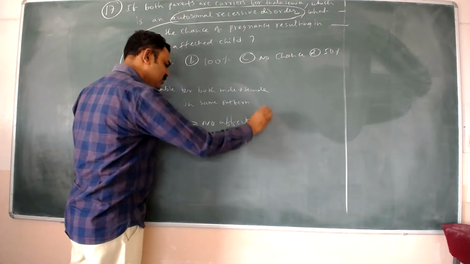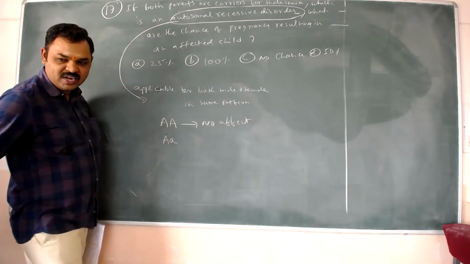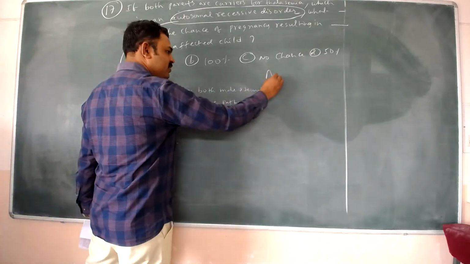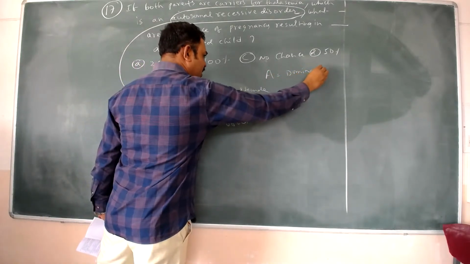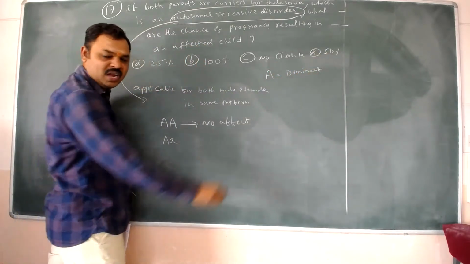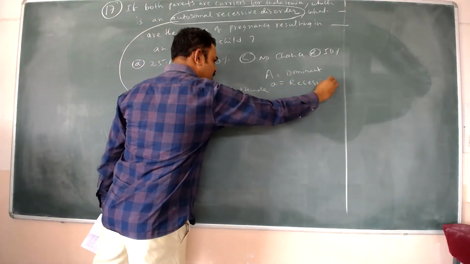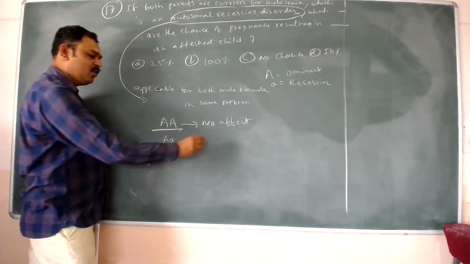Suppose the alleles of a gene are a dominant allele and a recessive allele. Capital letters mean the dominant allele. Whatever I am writing, A is an allele, and a capital letter allele is a dominant allele. A small letter allele is a recessive allele. So both dominant alleles, homozygous dominant, has no effect.